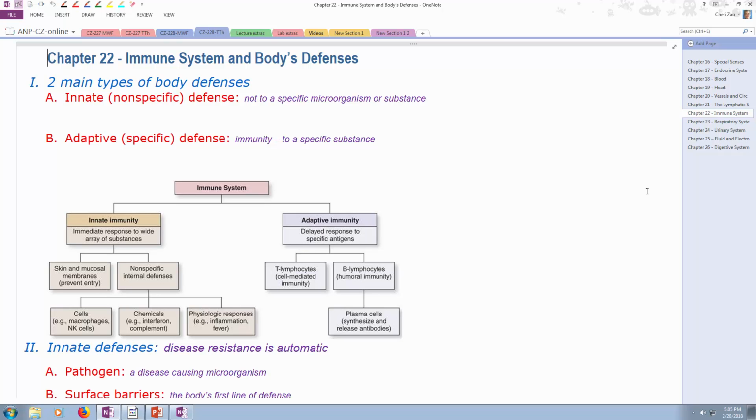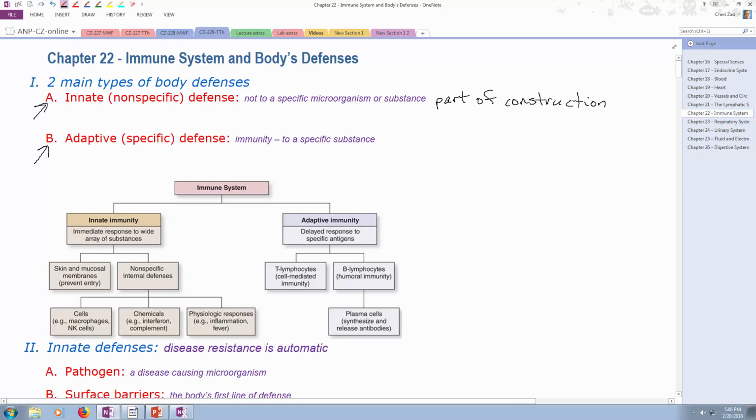And so what's important is that we have two branches of our well-being or protection that we need to make sure we can discriminate between. And that's why we have in the beginning of this chapter this innate and adaptive. Innate is something we are born with. It is part of our construction. It's how we are made.